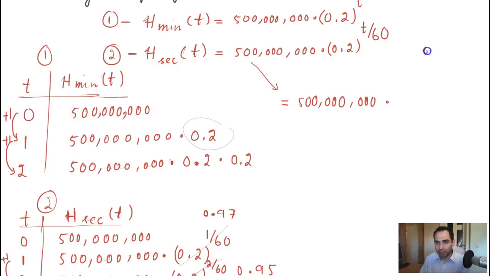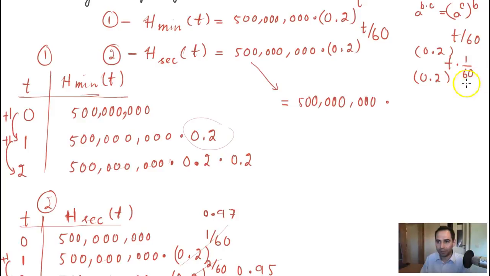You have 0.2 raised to the power t by 60. So you can write this as 0.2 raised to the power t times 1 by 60. And you know that a raised to the power b times c can be written as a raised to the power c, whole raised to the power b.